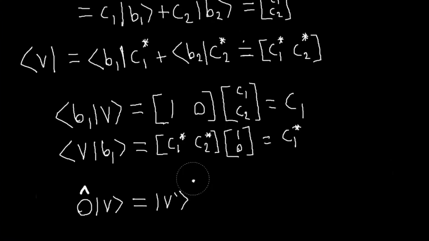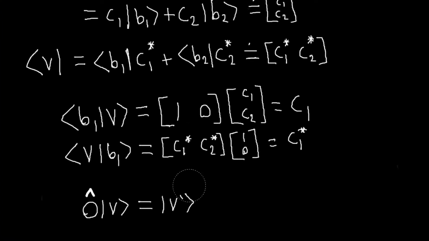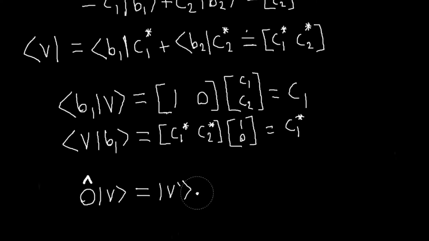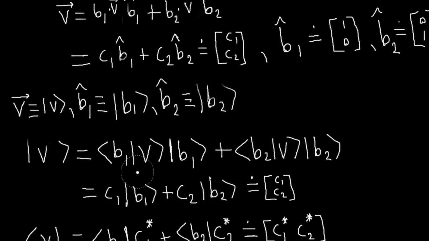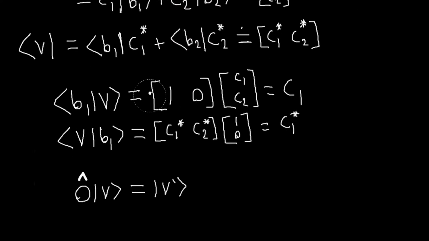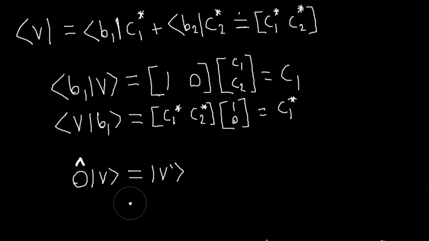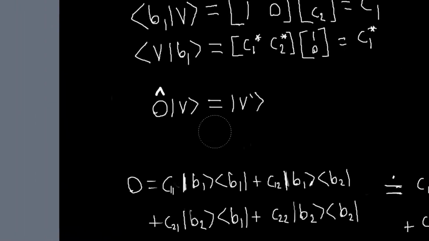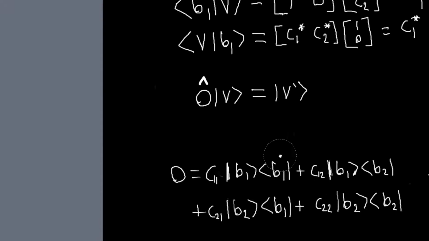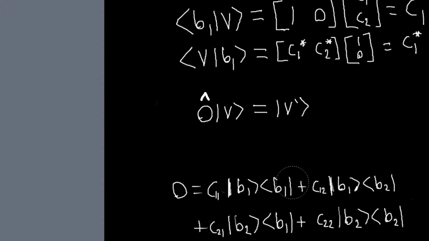Something that will probably be new, depending who you are, is that just like I can write my vectors as a linear combination of basis vectors, I can write my operators as a linear combination of basis operators. And my basis operators are going to be the so-called outer products.